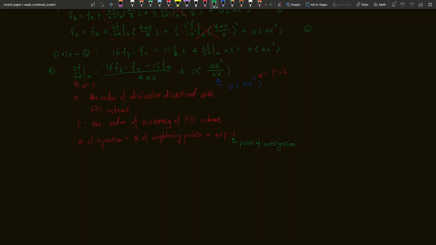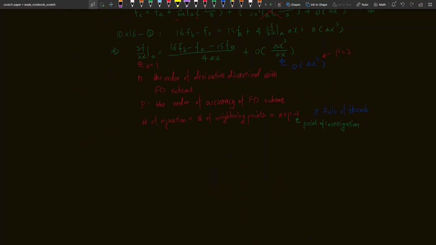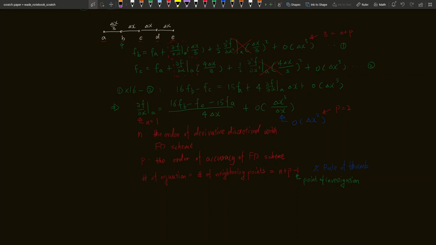You can take it as a rule of thumb to plan your derivation of the FD schemes. And in the above case, the spatial discretization is non-uniform.